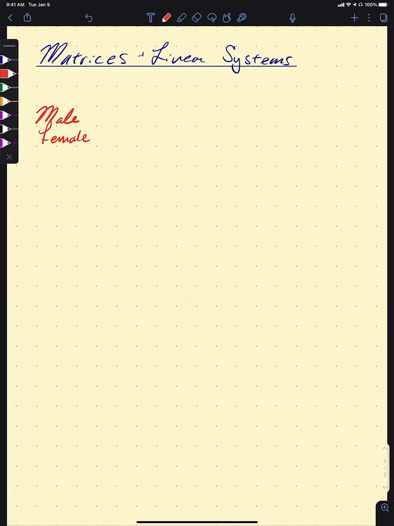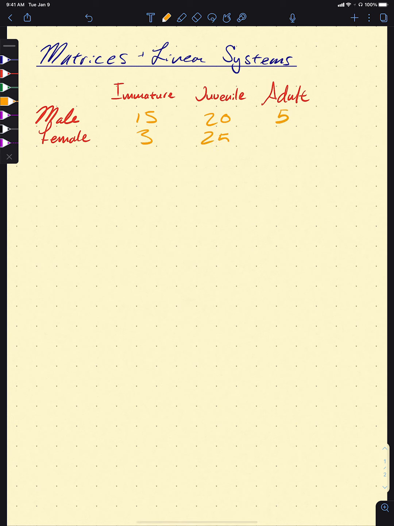And then you might also split it into immature whales, your baby whales, your juvenile whales, it's with an E, juvenile whales, and then your adult whales. And maybe when you're out looking at these whales, you see 15 of those, maybe 20 of those, 5 of those, 3, we'll say 25, and 10, okay?